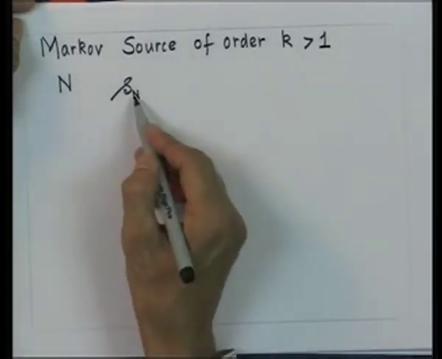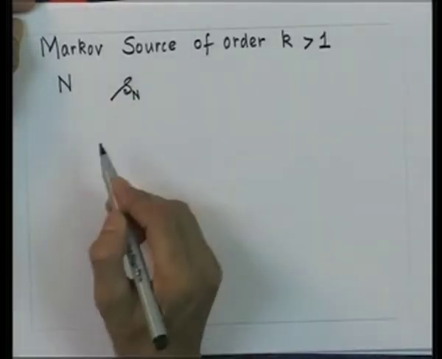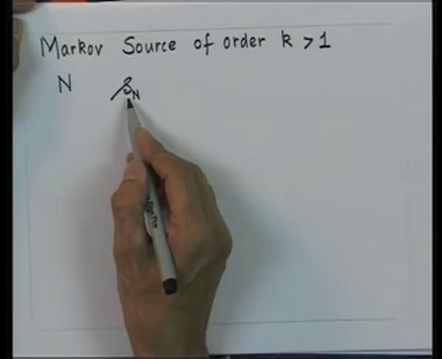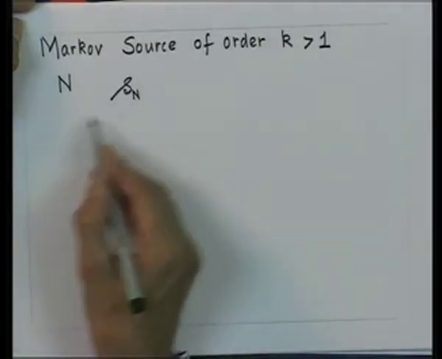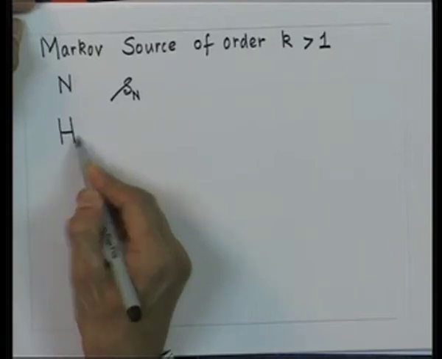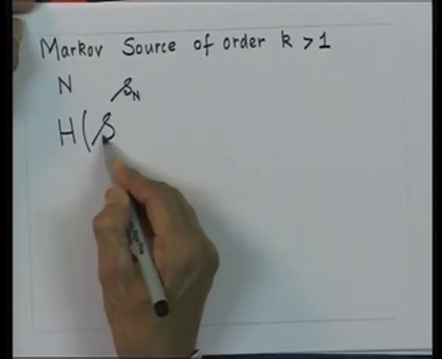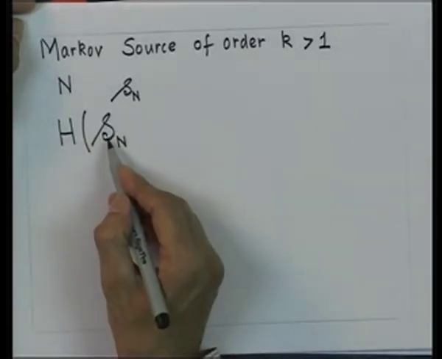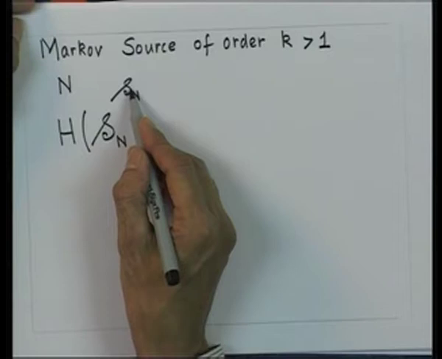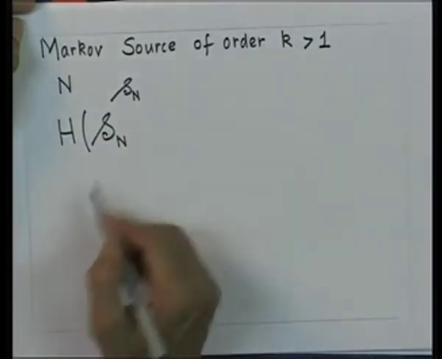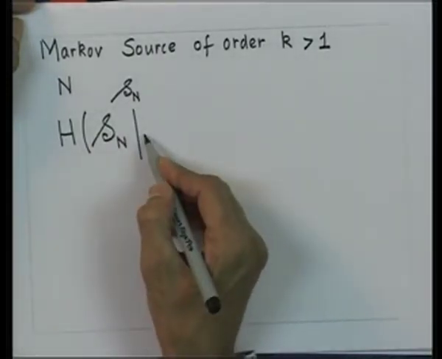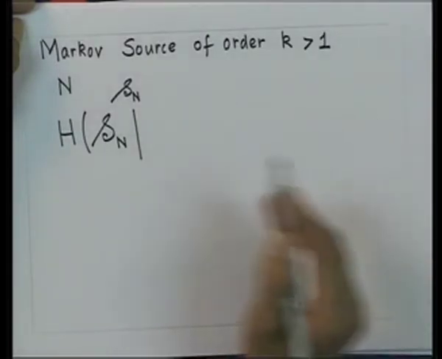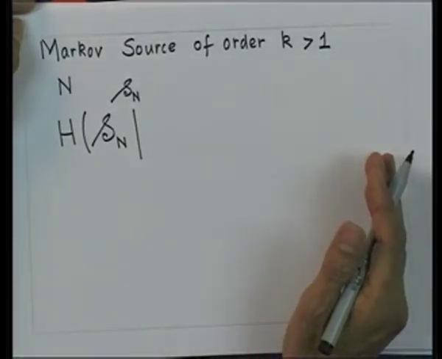If I assume that this symbol from the source S is coming from a Markov process, then I am interested in the average additional information which I get on the occurrence of a symbol Sn, given that I have observed all the preceding symbols right from time instant 1 up to time instant n minus 1.